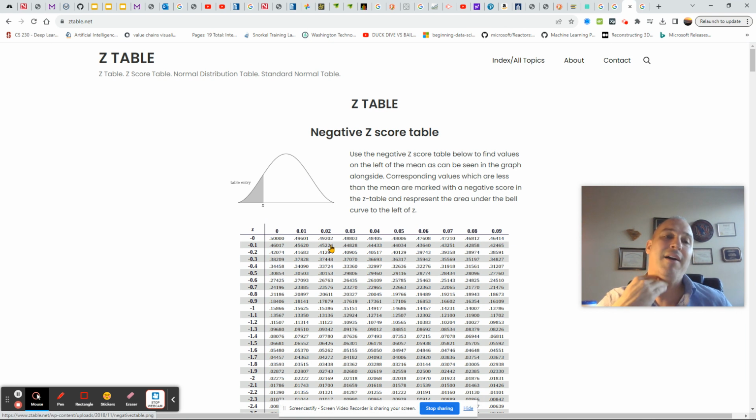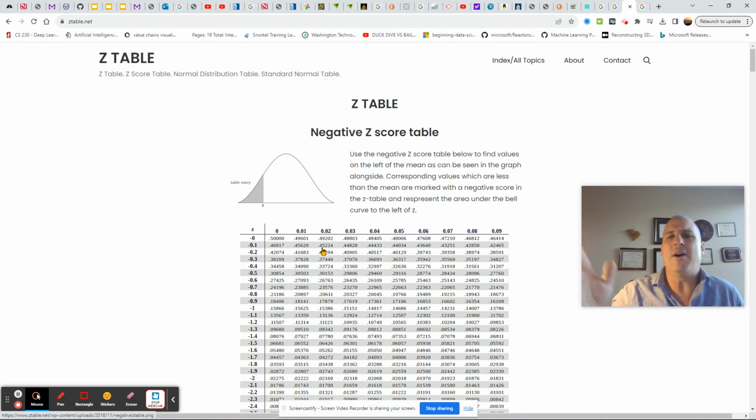So if I wanted to calculate all area to the right of 0.12 standard deviations to the left, I would just do 1 minus 0.45.